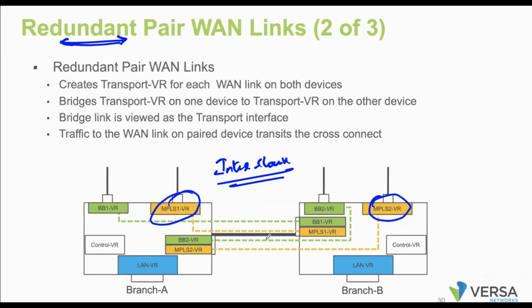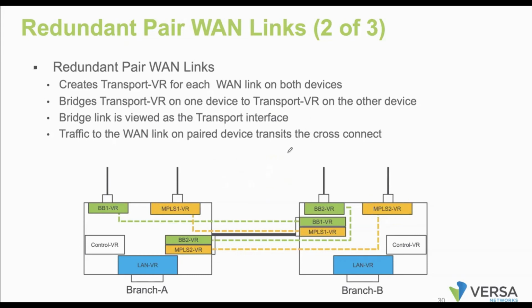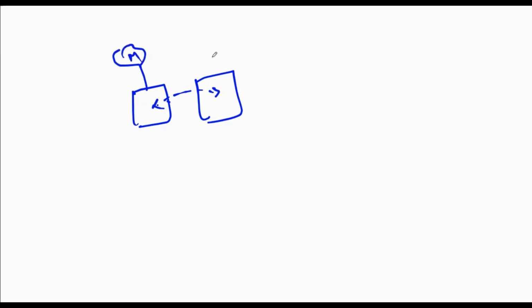What is the difference between active passive and active active? In case of inter-chassis, for example, here you are connecting the link. This is my MPLS, and this is my internet. At the LAN side, you are trying to make this an active device.